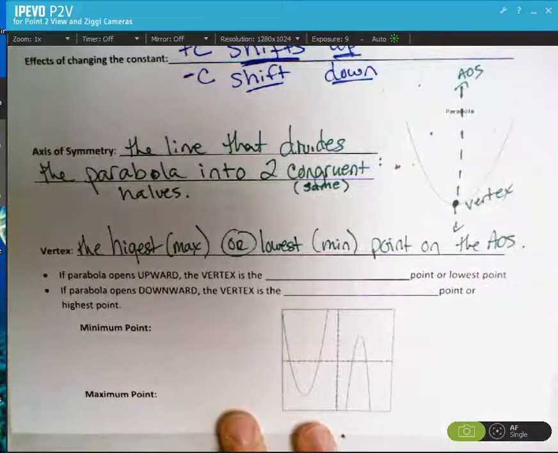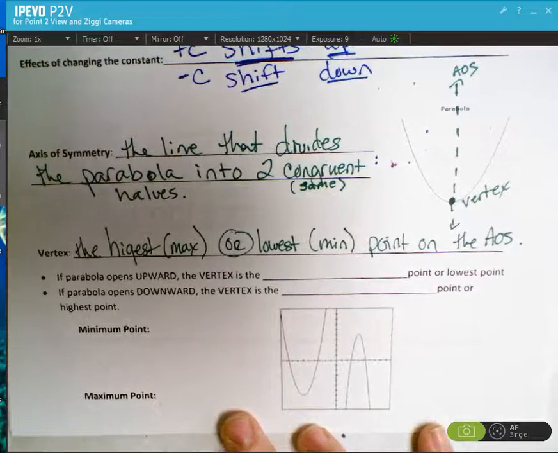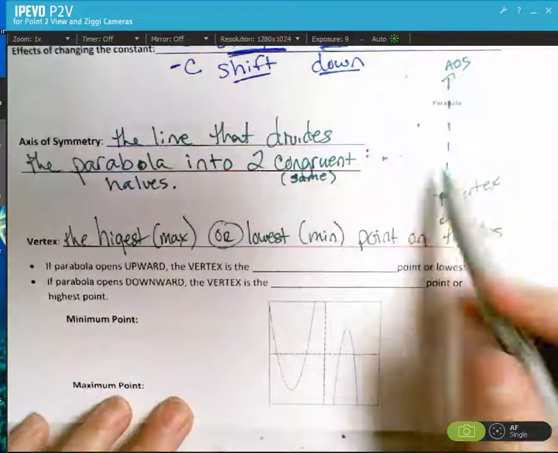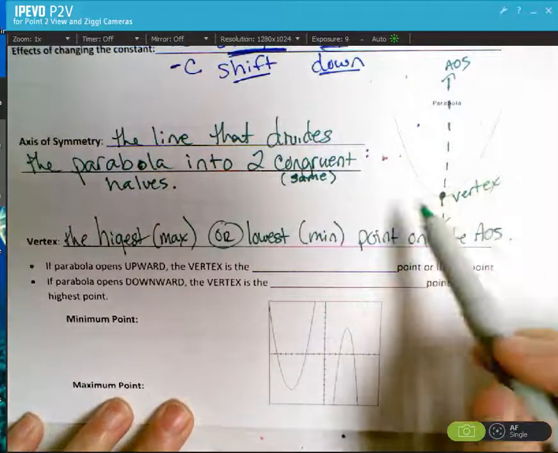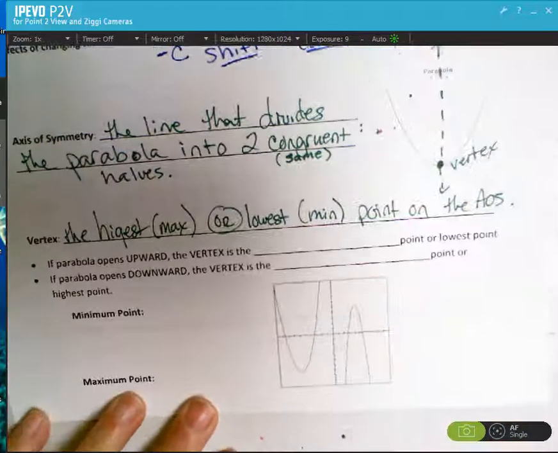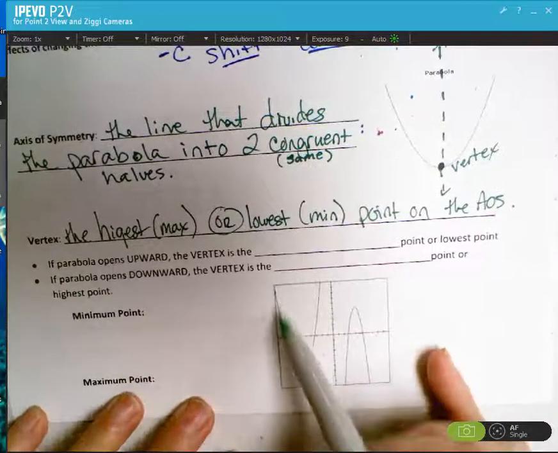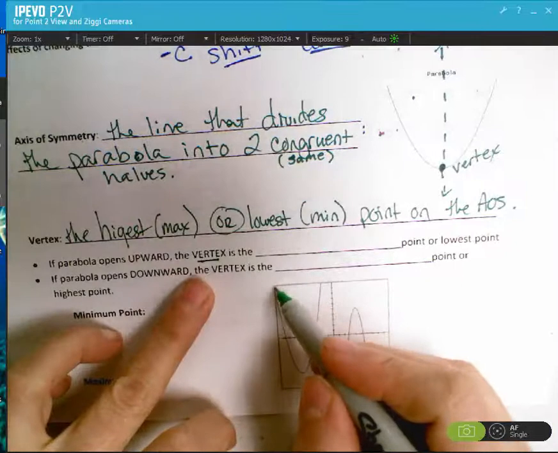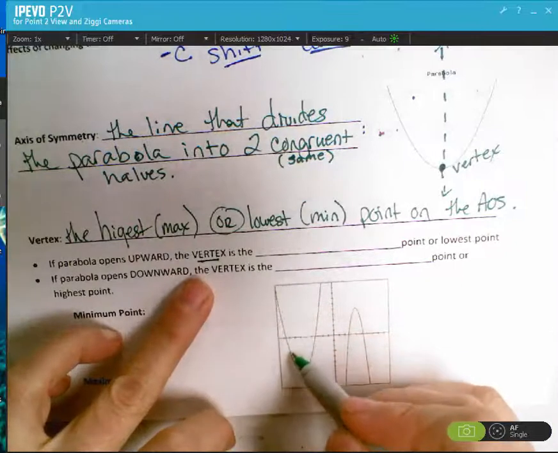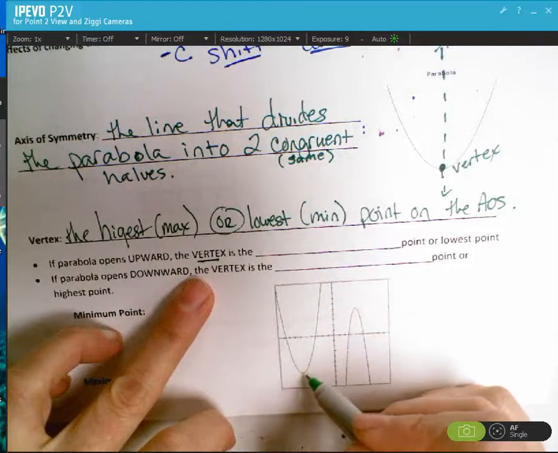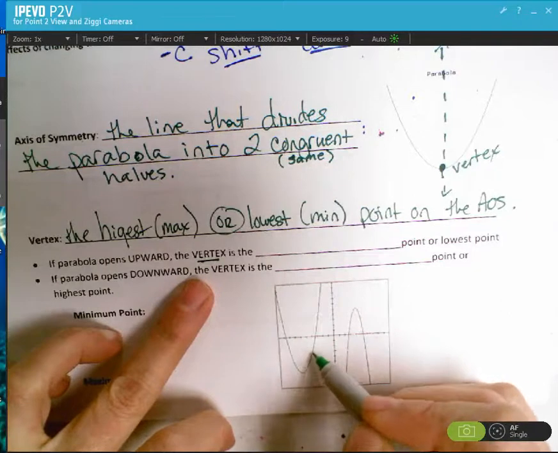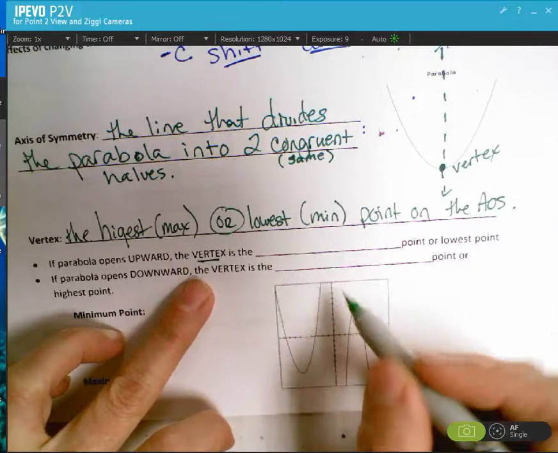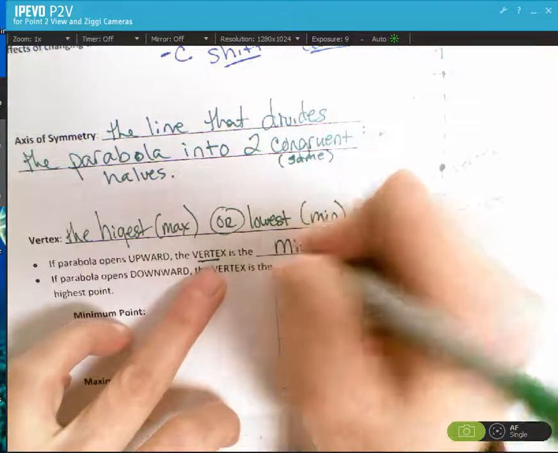And the lowest or highest will depend on whether you have a negative a term or a positive, whether it opens up with a positive a or opens down with a negative a. So if the parabola is opening up, if I'm following the line of the quadratic function, I go down to a minimum point and then I turn around and start getting higher again. So it is the minimum vertex.